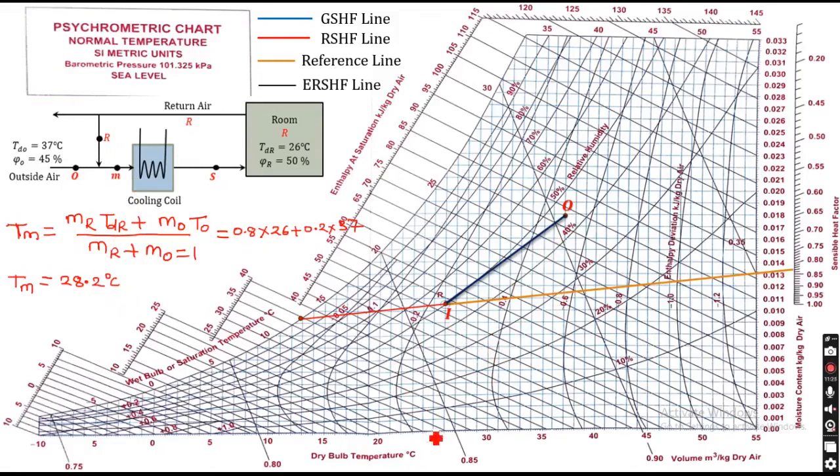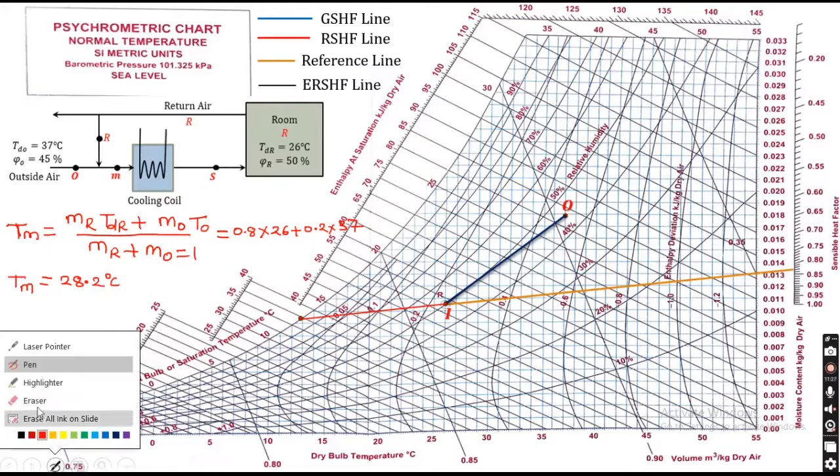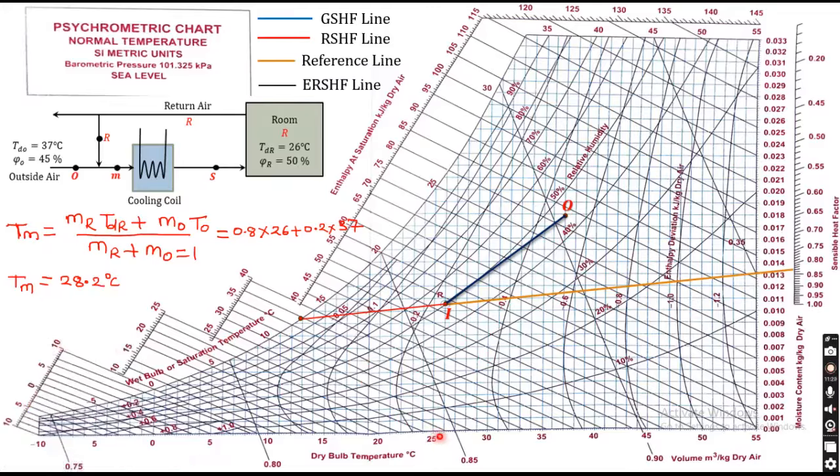By marking that point, this is 25, 26 and 27 and this is 28. So we have 28 degrees Celsius dry-bulb temperature. Going upward up to this line, we get the M point like this. So this is the point of mixed air.